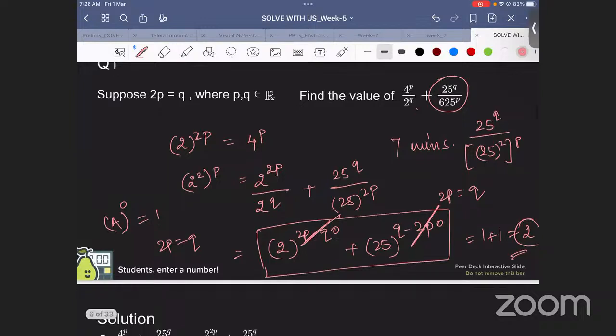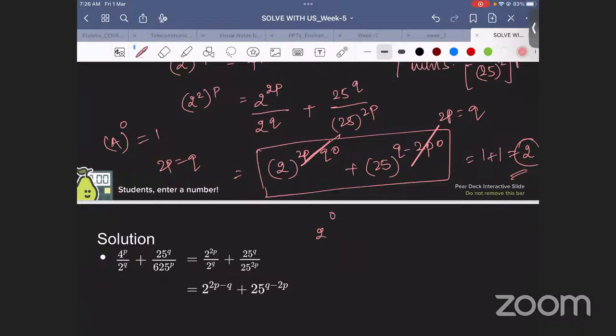So you'll be left with 2 to the power 0 plus 25 to the power 0. This is 1 and this is also 1. Any value with the power 0 will be 1. So one comes from here and the other from here. So 1 plus 1 is equals to 2.